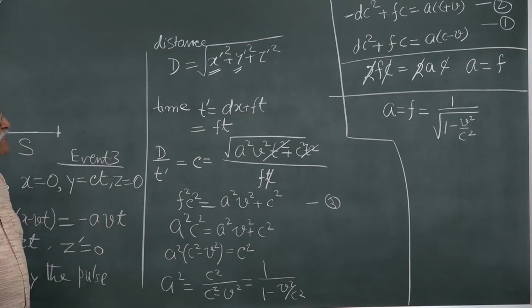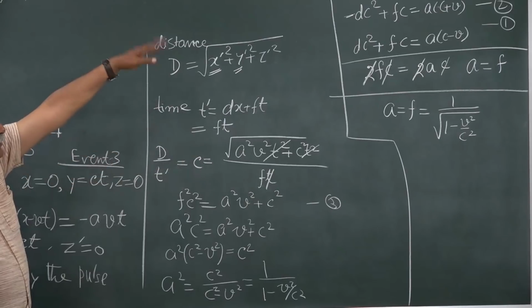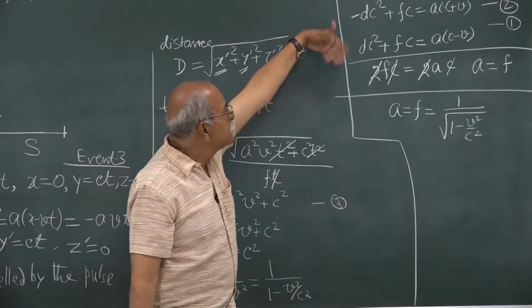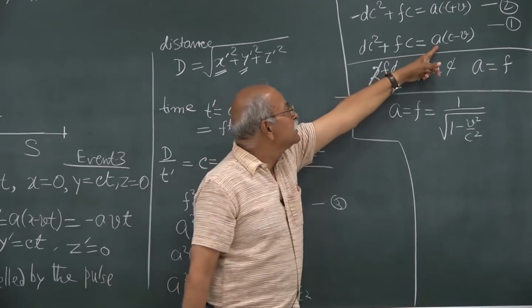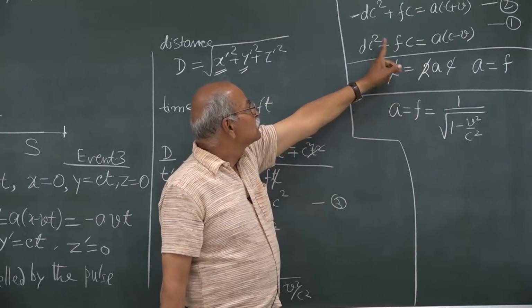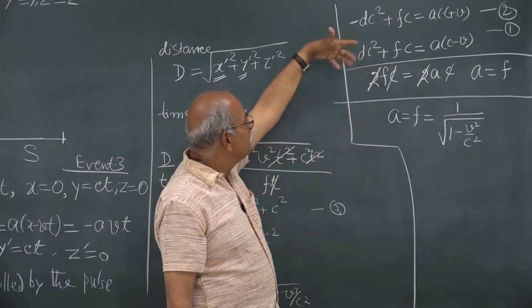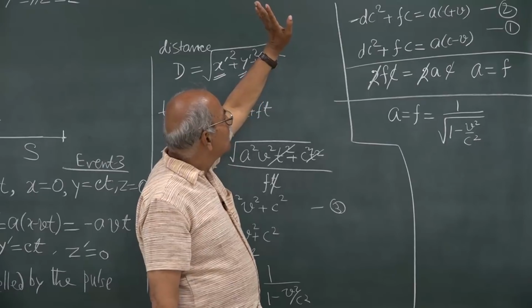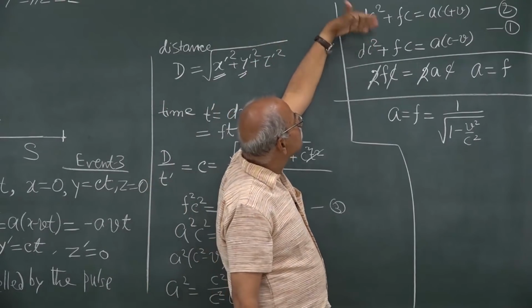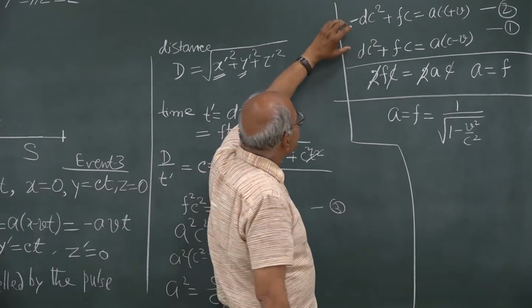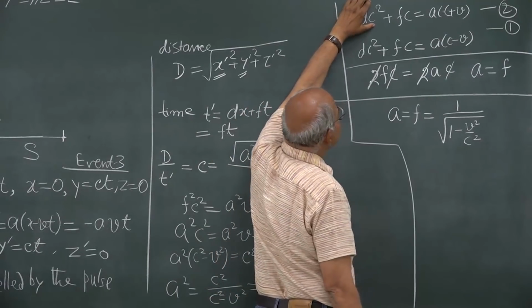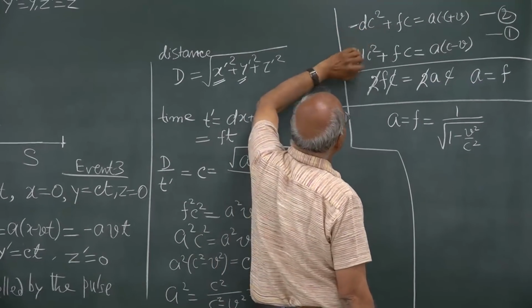And then you need D. So, any of these 2 equations you pick up for D, because now we know what is A, now we know what is F. So, we can write D from any of these equations, or I can subtract this from this. So, if I subtract this second equation from the first equation, what do I get?